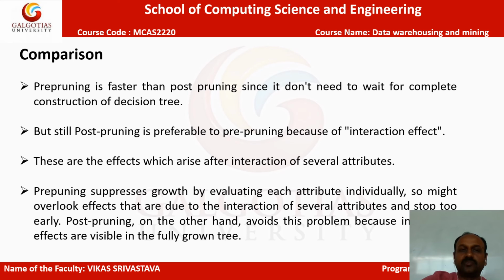So there are some comparisons between pre-pruning and post-pruning. Pre-pruning is faster than post-pruning, since it does not need to wait for the complete construction of the decision tree. As I said earlier, in post-pruning you need to load the entire decision tree, then go through each and every node level and check their errors.